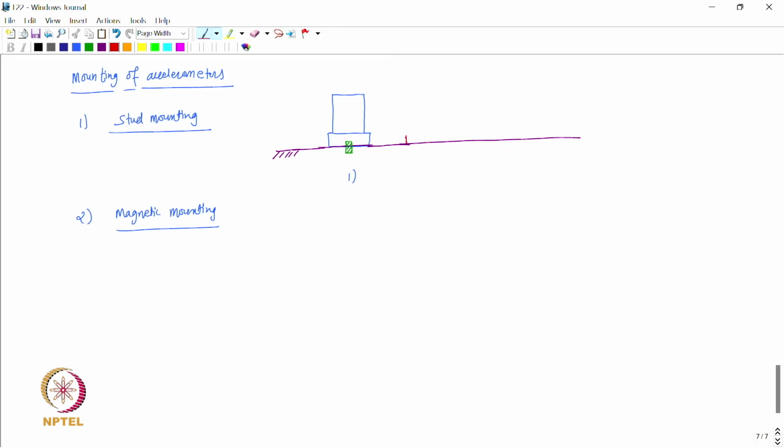Therefore, we have a magnetic base like this, and then we have the accelerometer like this. So, this is the magnetic base.